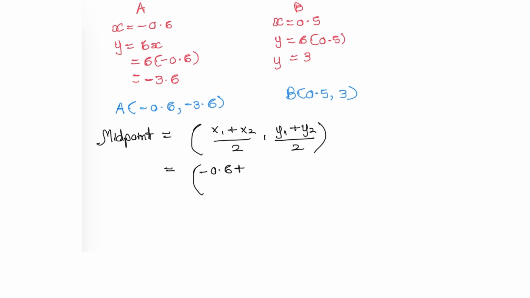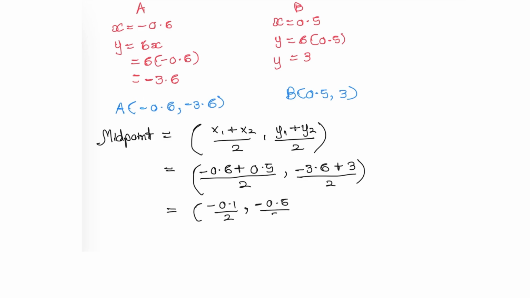So in my case minus 0.6 plus 0.5 divided by 2 and minus 3.6 plus 3 divided by 2, and this then simplifies to negative 0.1 over 2 comma negative 0.6 over 2, which then gives me negative 0.05 comma negative 0.3 as the final solution for the midpoint.